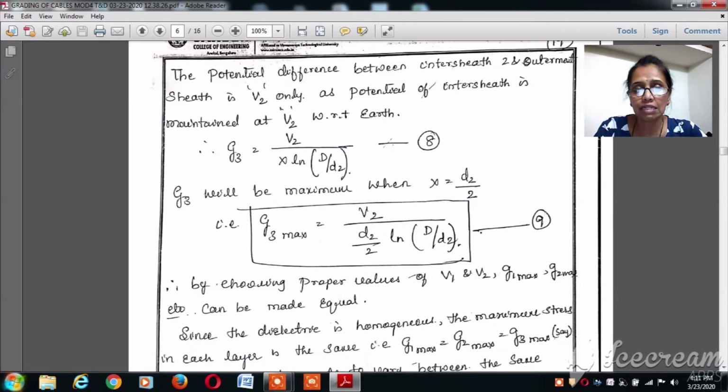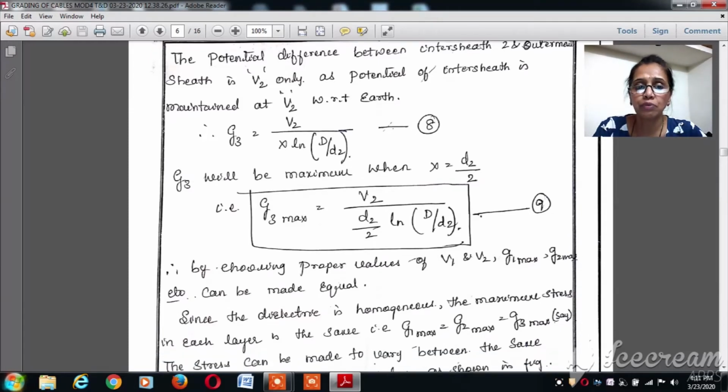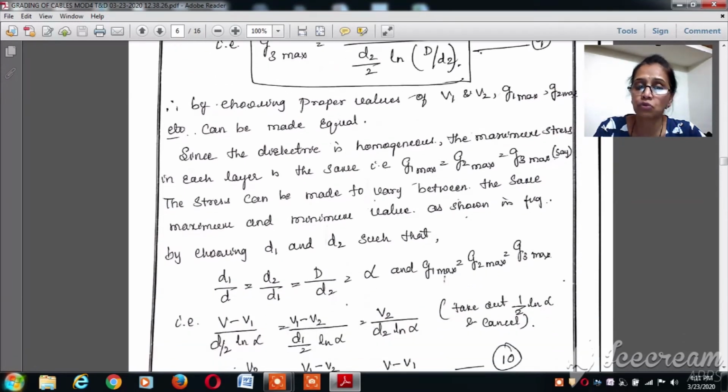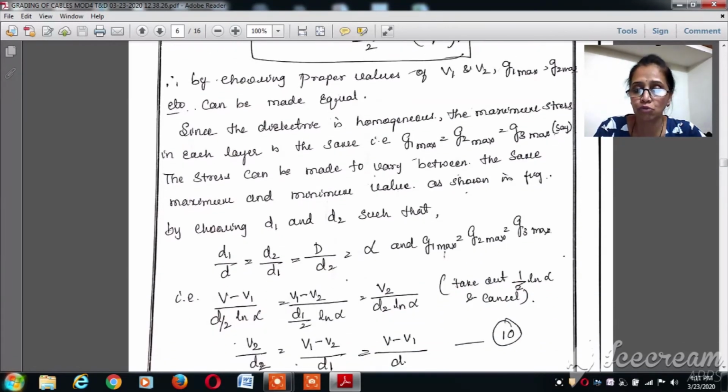When we see these formulas, the stress G3 is inversely proportional to this combination, so we can make G1 maximum equal to G2 maximum equal to G3 maximum by choosing the values of these.